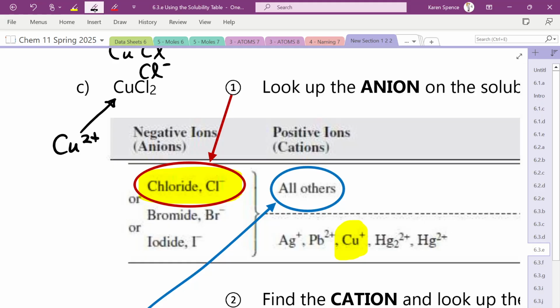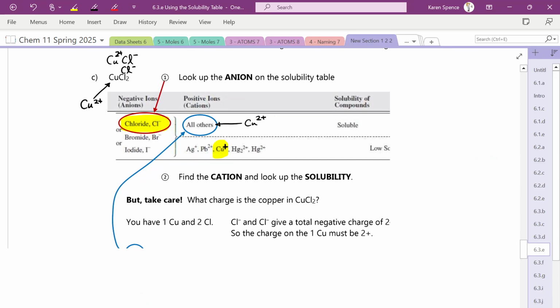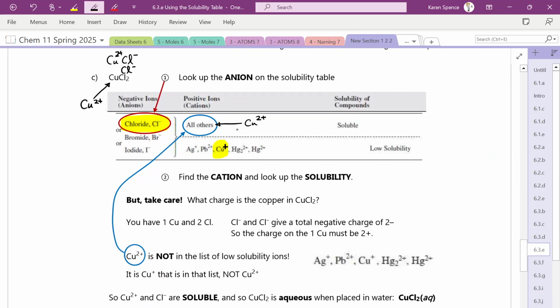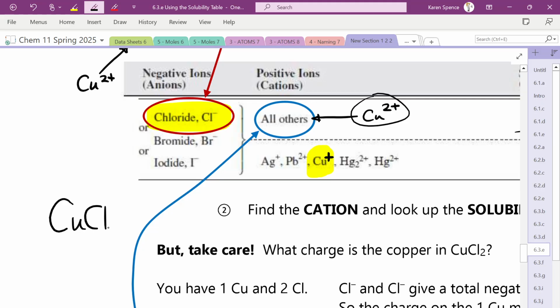Except that this Cu is just Cu+. It's not Cu2+. Where would we find Cu2+? Up in the all others. Cu2+ is up here. So watch out for the coppers. Okay. And that means that if Cu2+ is up here, it is soluble. So CuCl2 is going to be aqueous.